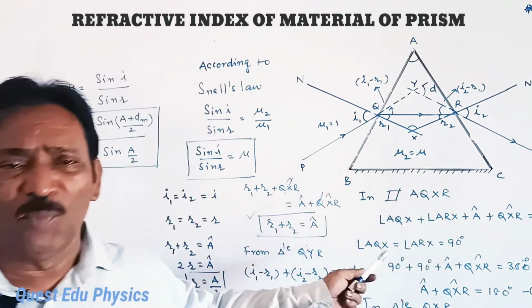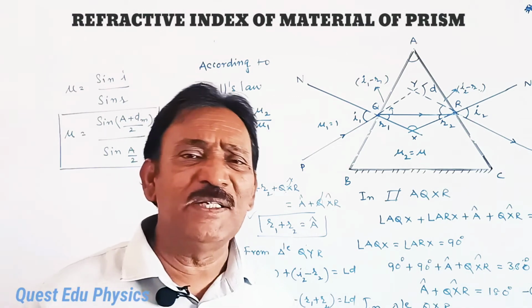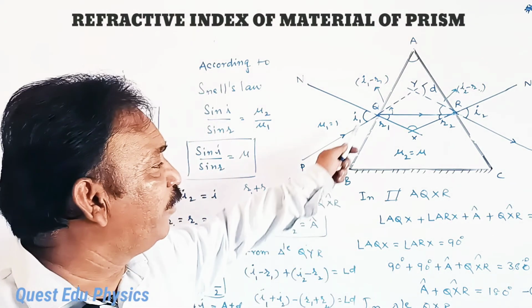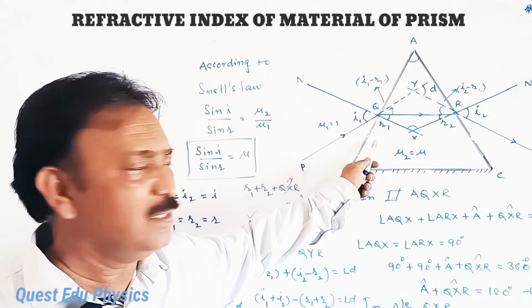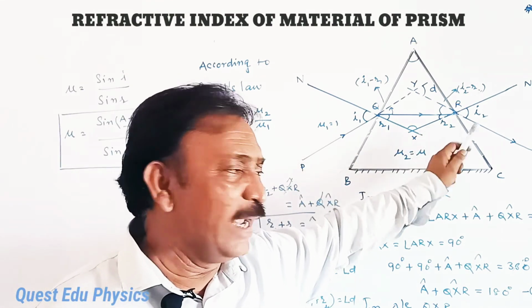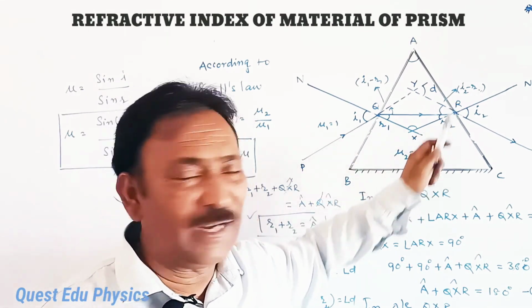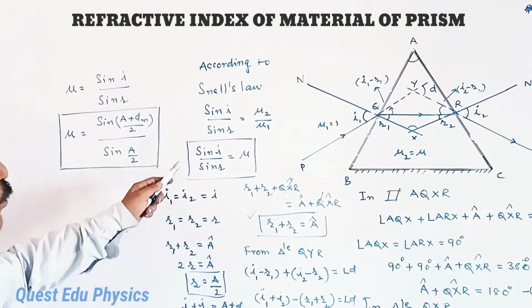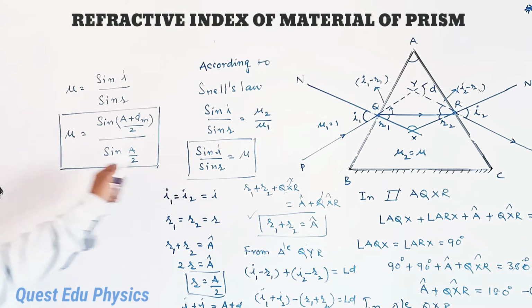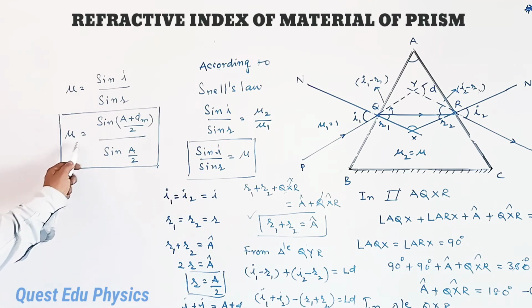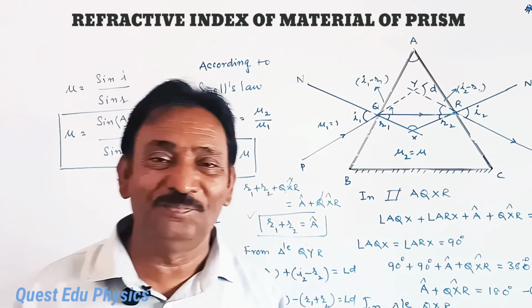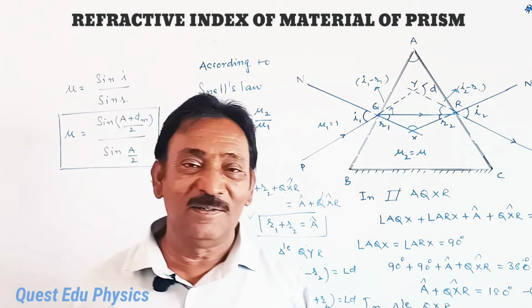At minimum deviation position, angle of incidence becomes equal to angle of emergence, and the angle of refraction at the first refracting surface is equal to the angle of refraction at the second refracting surface. That's why we wrote these values as such. After using Snell's law here, we got refractive index is equal to sine of (A plus Dm) by 2 by sine A by 2. I hope you understood this.